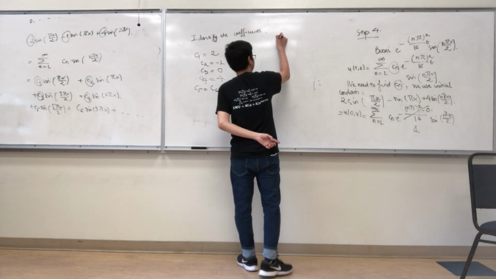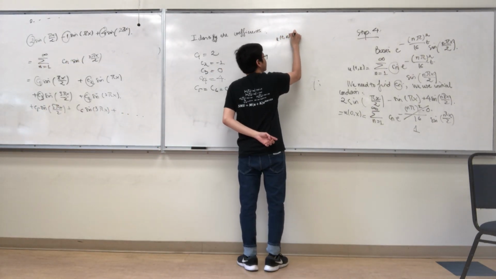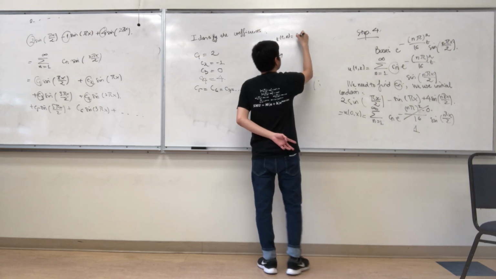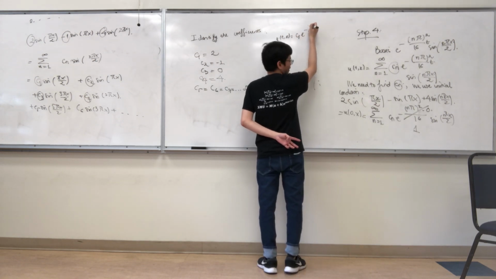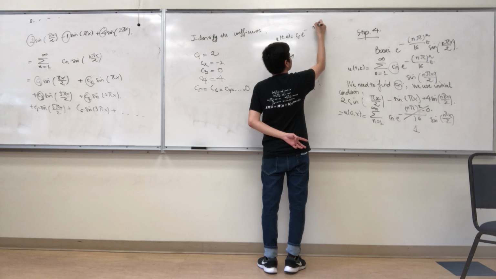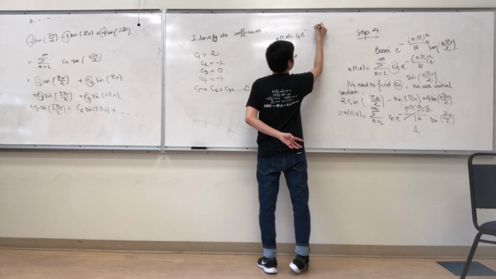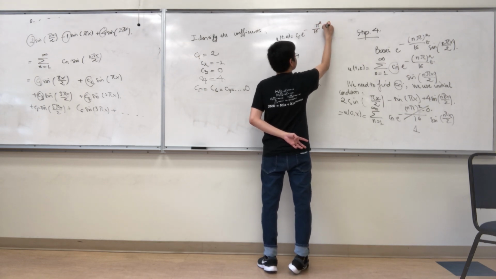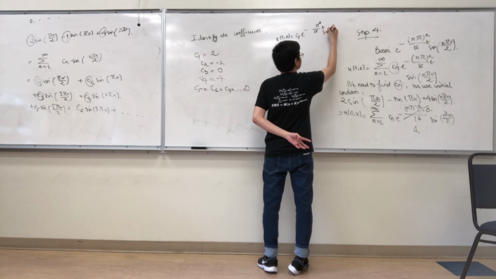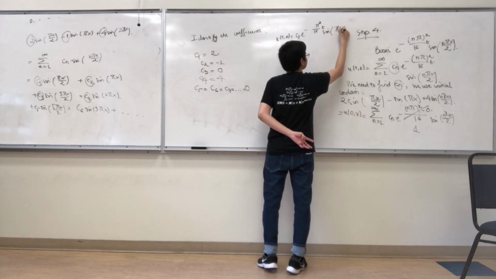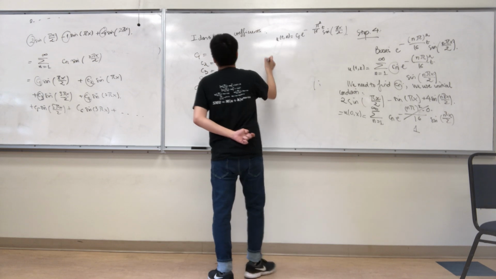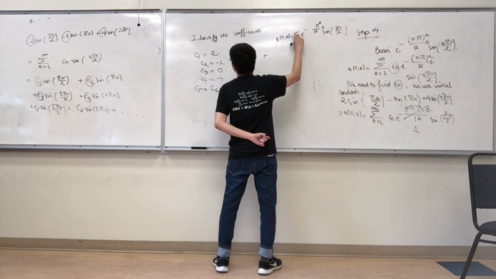So u(t,x) will be C1 exponential of minus n squared pi squared over 16 t, sine of pi x over 2, right? Plus, so C1 is what? C1 is 2, so I have 2 here.